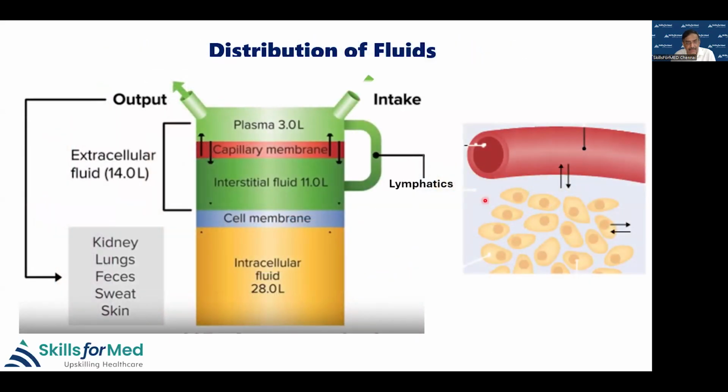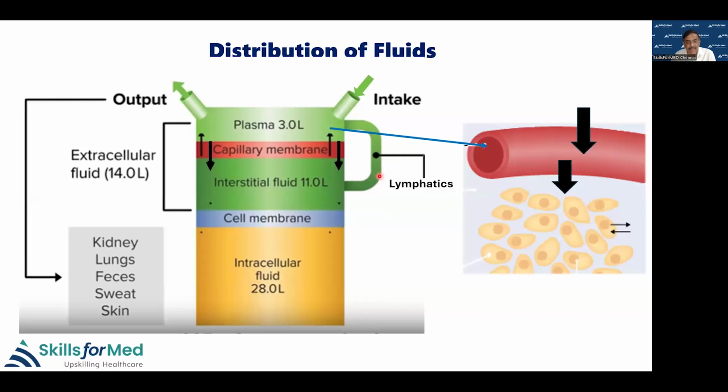Now there's another way to look at it. When we take in fluid, it enters directly into the plasma. Whether you take it orally or you give it IV, it ultimately ends up inside the blood vessel. Then it crosses the capillary membrane here and enters the interstitial fluid, which is around 11 liters.